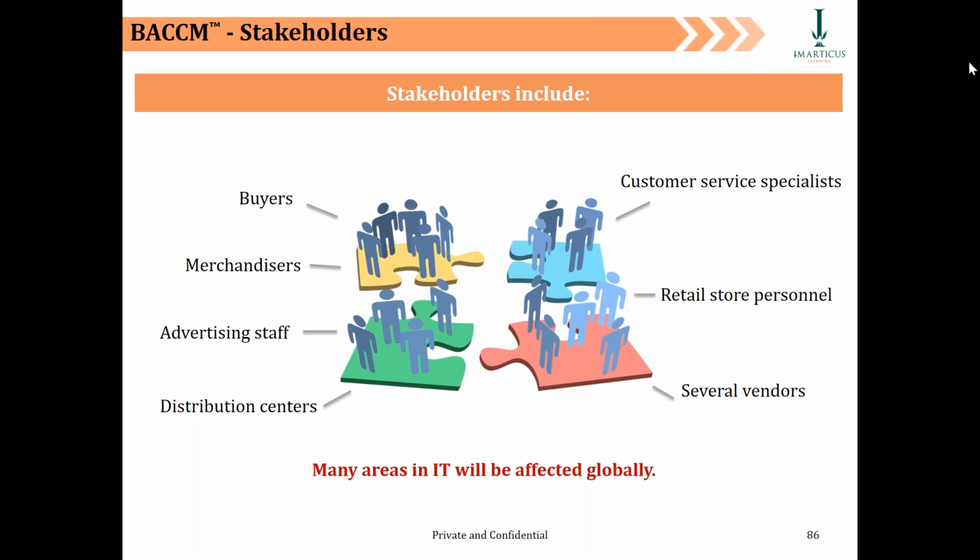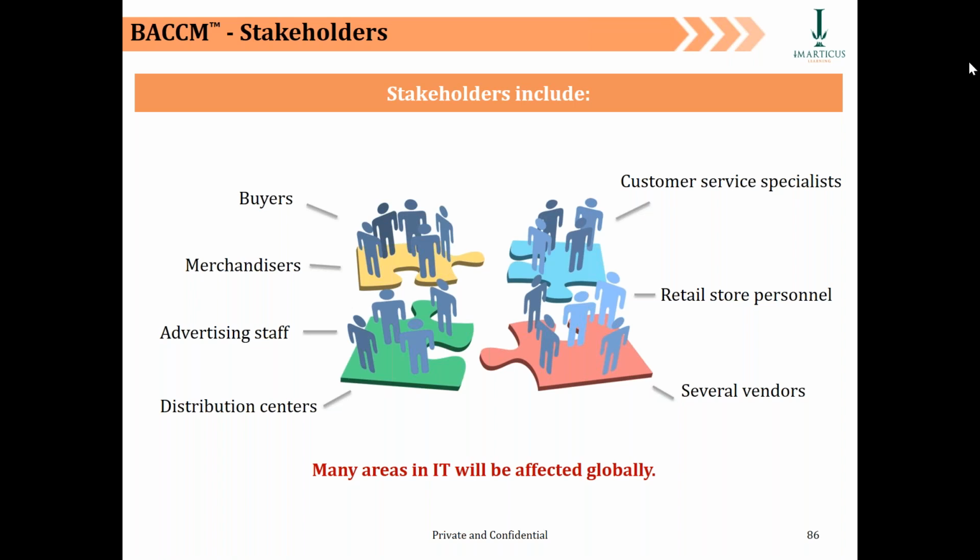Okay, guys. So in this case, the stakeholders were merchandisers, advertisers, distribution centers, specialists, retail personnel, vendors, etc. Now it's very simple. It's all about customer service. Though they didn't mention the product, it is something like a product which goes to a retail store as well.